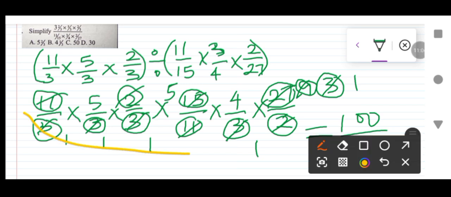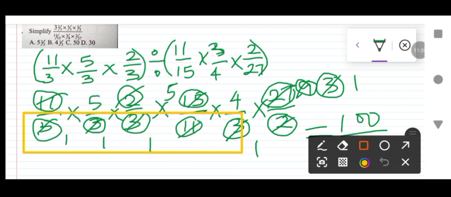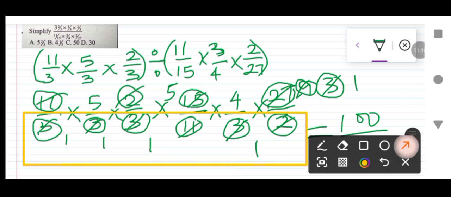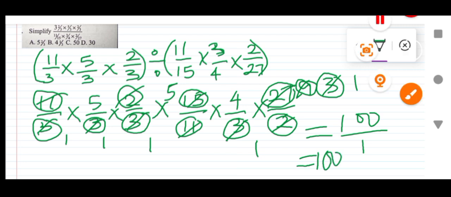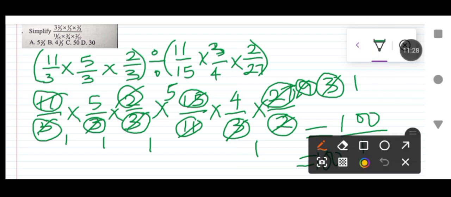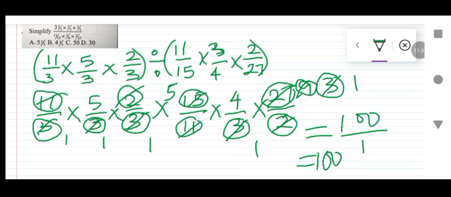What are the denominator values? Let's check. So we can see we have 1 remaining, times 1 times 1 times 1, which is still 1. So 100 over 1 is equal to 100. But unfortunately, the question options are incorrect. The options are incorrect. So we can see right here, no correct options. So the correct answer is 100, if that's okay.